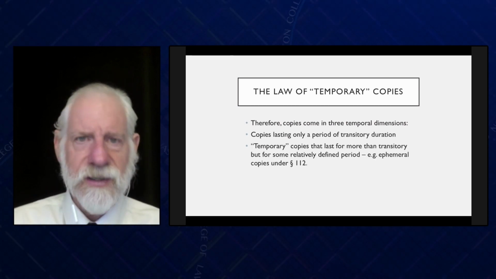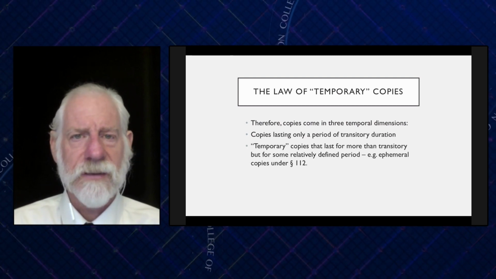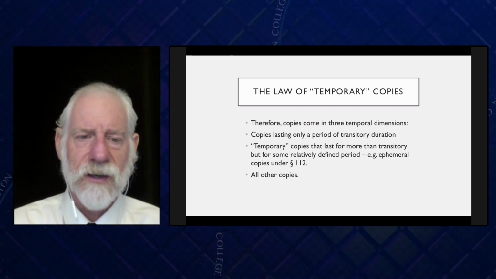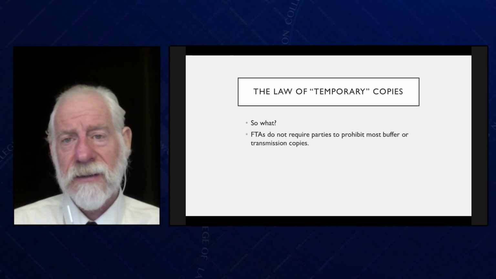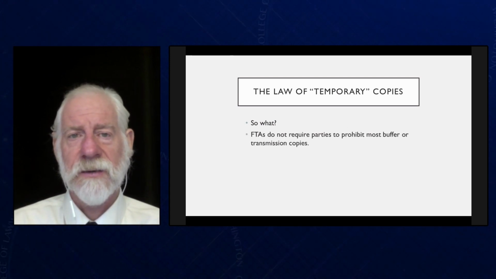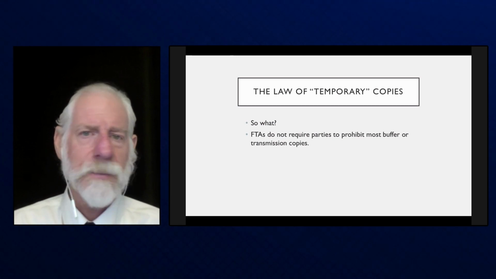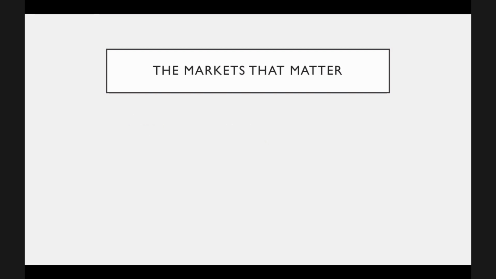But there are many other temporary copies that would stay on your screen for long enough that they would be regulable both under US law and under these free trade agreements, and then of course all other copies. So I'm just arguing that to the extent that trading partners think they have an obligation to alter their law to cover even copies that stream through a buffer, I think that argument is off point.